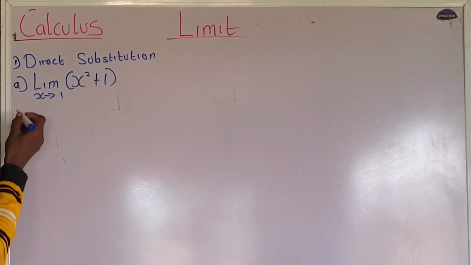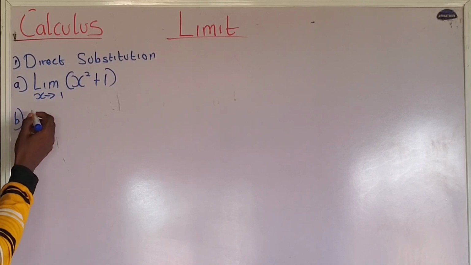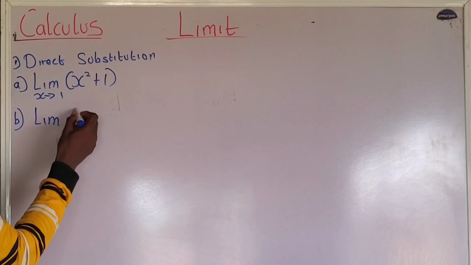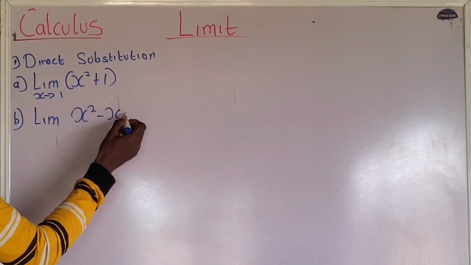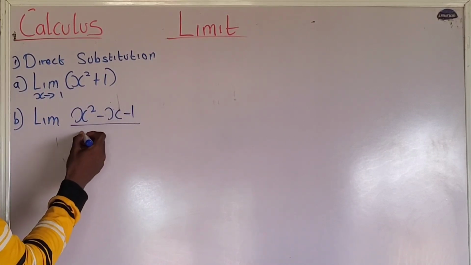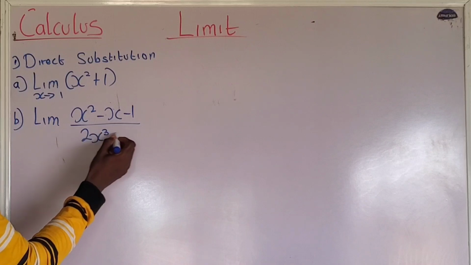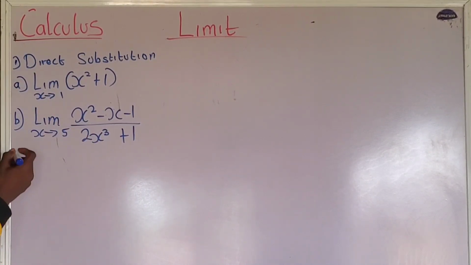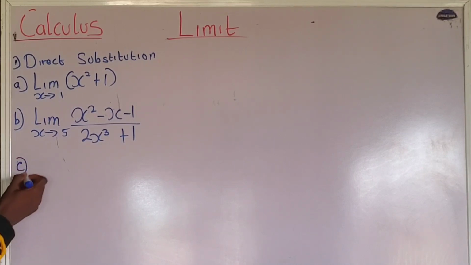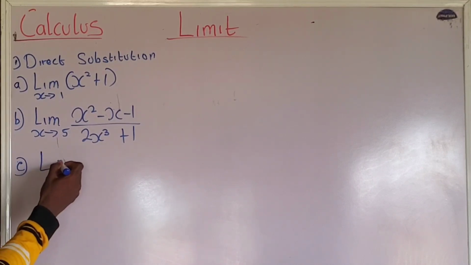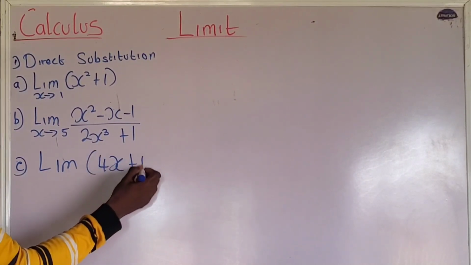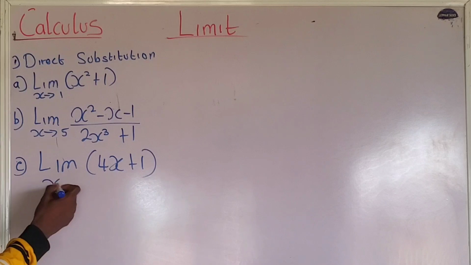Okay, now the second one, we have the limit of x to the power of 2 minus x minus 1 all over 2x to the power of 3 plus 1 as x tends to 5. Okay, then the third question, limit 4x plus 1 as x tends to 0.